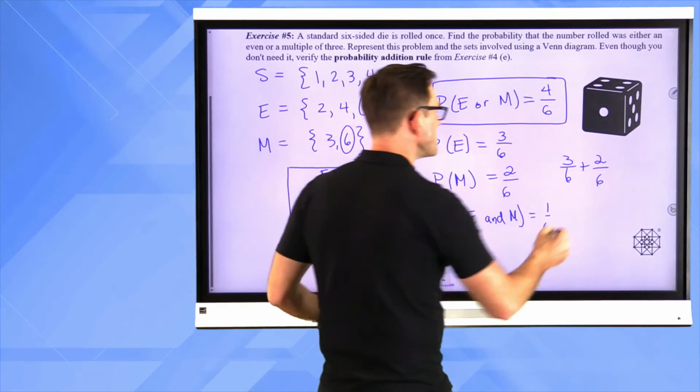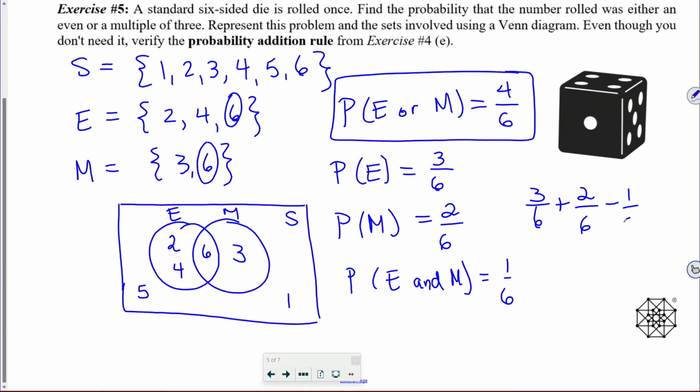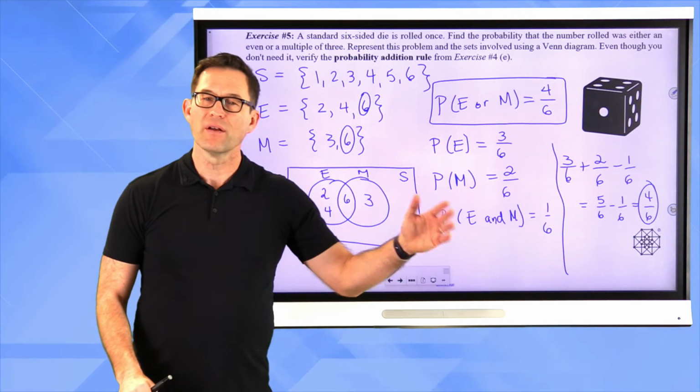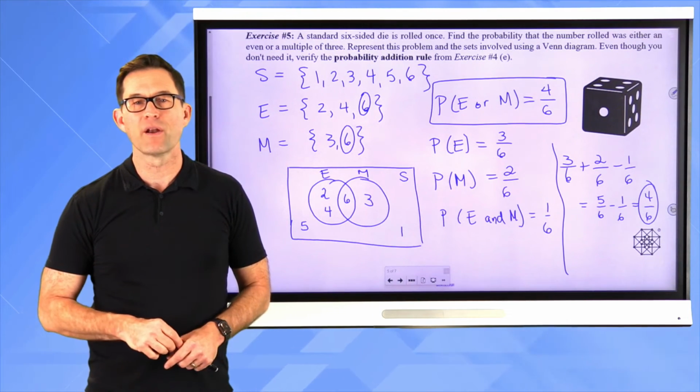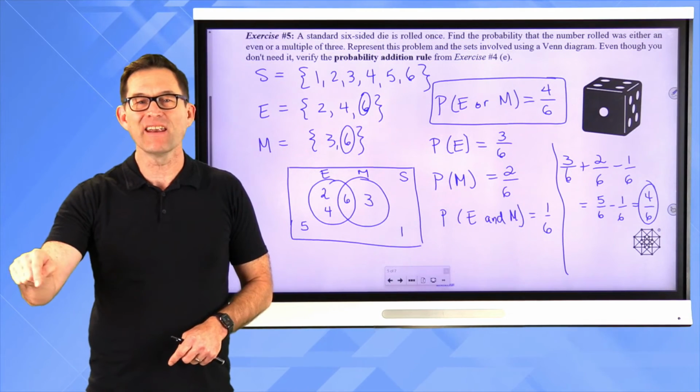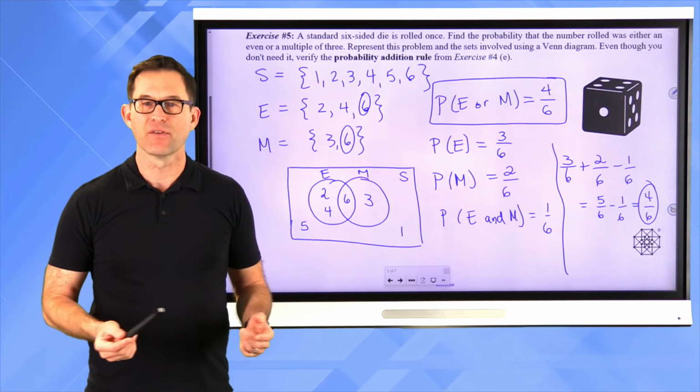But if I then subtract off that 1 extra one, then I've got 5/6 minus 1/6, and that's 4/6, right? The probability of evens plus the probability of a multiple of 3 minus the probability that the number rolled was both even and a multiple of 3 gives me the correct answer.